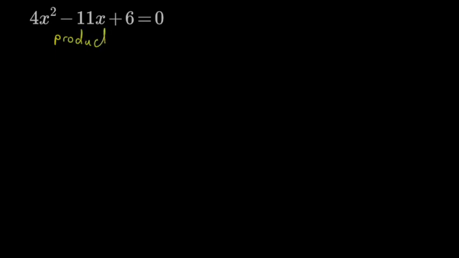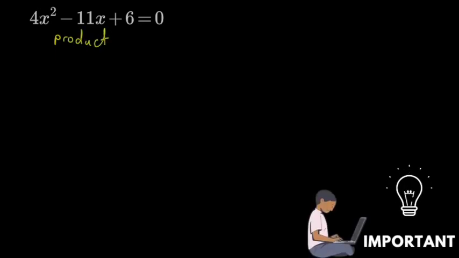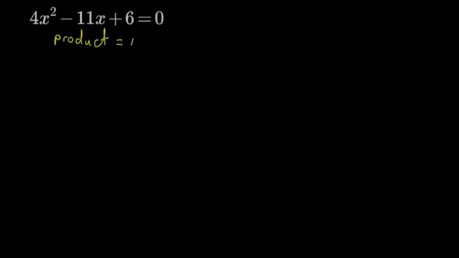The product is the coefficient of the term in x squared and the coefficient of the standalone number, so 4 multiplied by 6. We don't need to actually know what 4 multiplied by 6 is, just like I told you in the previous video. The sum is equal to the coefficient of the term in x, so it's just your negative 11.